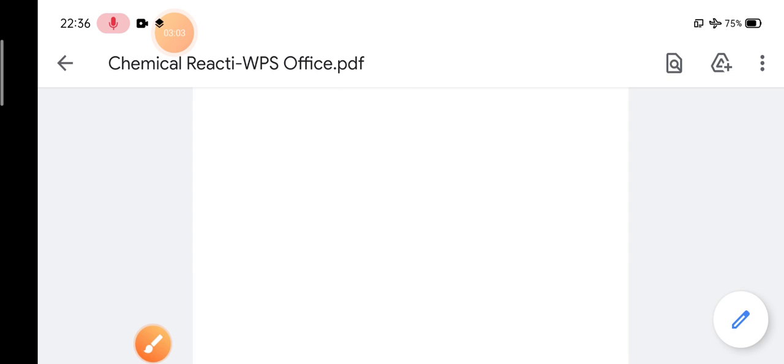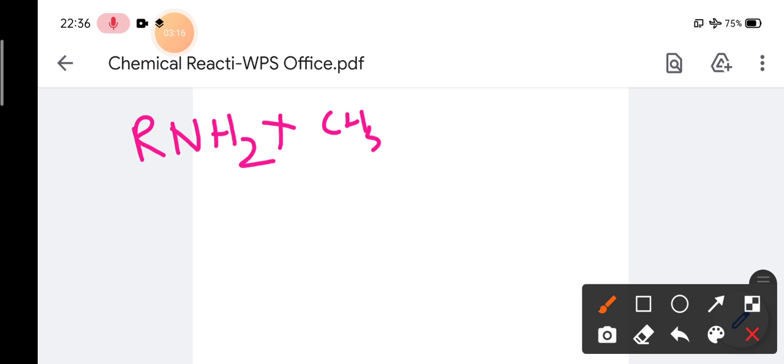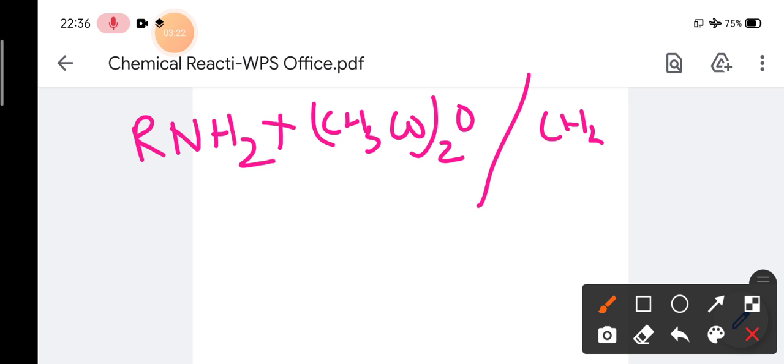So whenever we add acidic anhydride or acidic chloride, that is acid anhydride, (CH3CO)2O, or CH3COCl, that is acid chloride, an acylation reaction is going to happen.